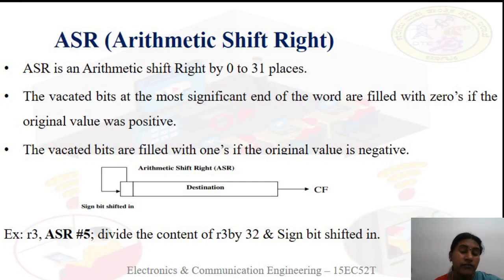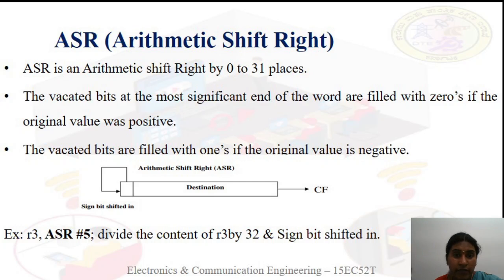The arithmetic shift right operation is the same as the logical shift operation, but you have to keep in mind that when you get the word logical, the vacated places are all filled by zeros. If you get the word arithmetic, then you have to fill the vacated places by the sign bit. In this case, the 31st bit is the sign bit.